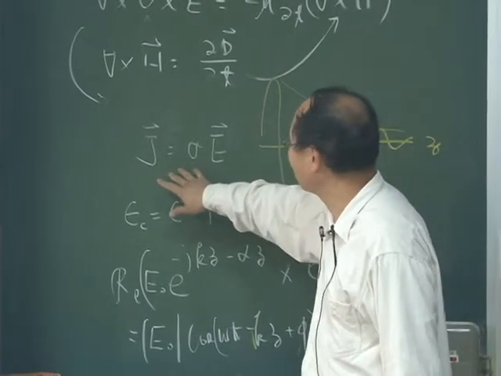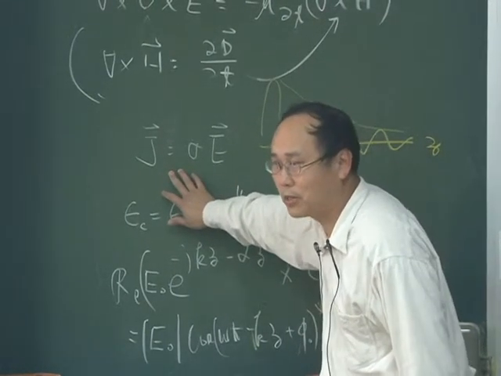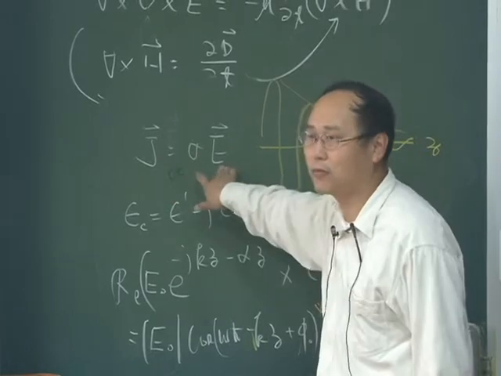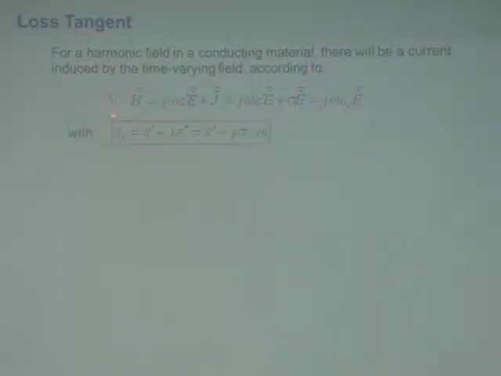Now, specifically, if you have a wave propagating inside ohmic material, then your current is going to have this form. Okay. Now we put this into this curl of H. So you have two terms. You sum them together to get a complex permittivity. Okay, with this specific form.